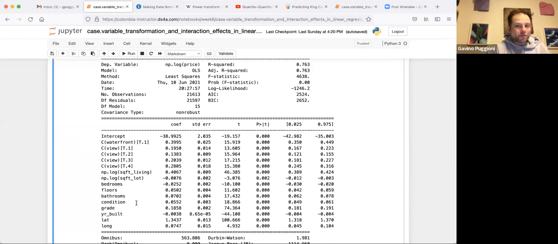So there are interesting questions that are coming up here. Why do the bedrooms have a negative effect? Well, keep in mind that here you have the size of the house that is playing a major role in predicting this. And so some of the size effect is captured by that.